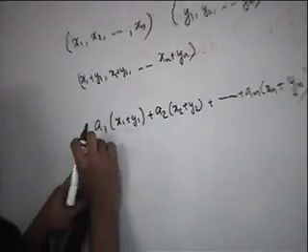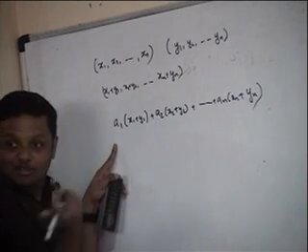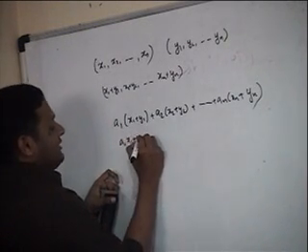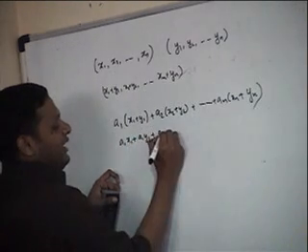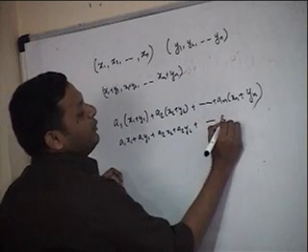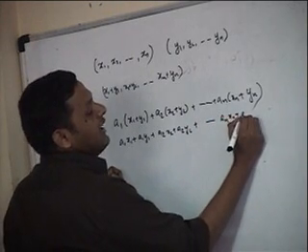The multiplication distributes. So I can write it as a1 x1 plus a1 y1 plus a2 x2 plus a2 y2 plus etc. up to an xn plus an yn.